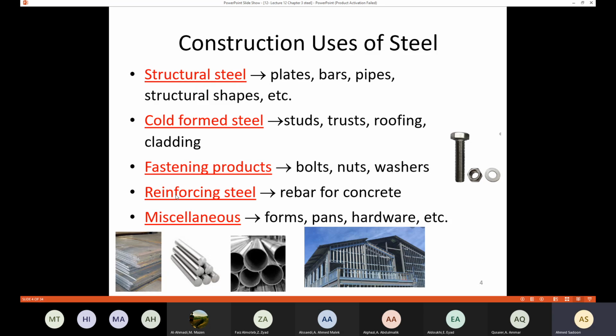Also, we have the reinforcing steel, the steel that is used in concrete to strengthen its tension capacity. Also, we have miscellaneous items like the forms, plates, and hardware. So we have different types of steel in construction.